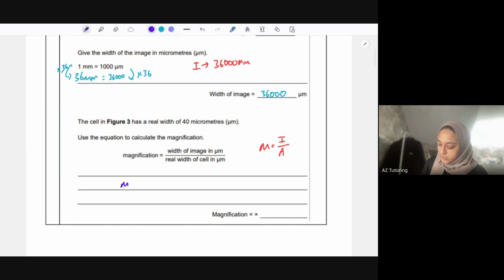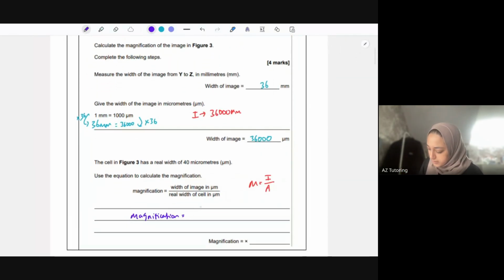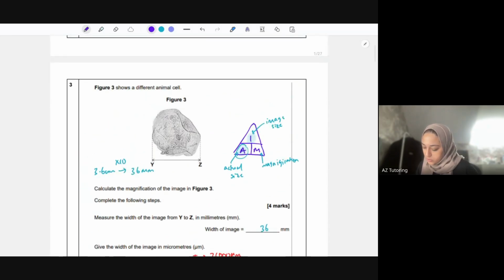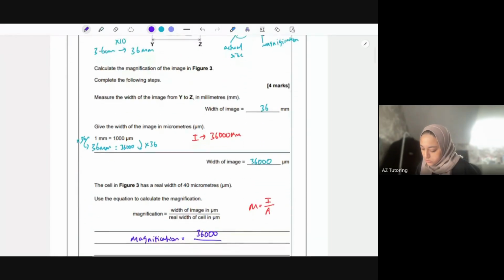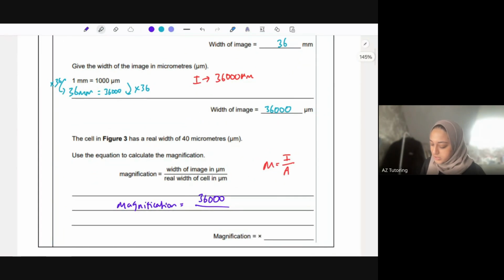Okay, so the magnification equals the width of the image in micrometers. So the image size was 36,000 divided by, has it told us? Okay, so yeah, it's told us the real one here. So the cell in figure 3 has a real width of 40 micrometers.